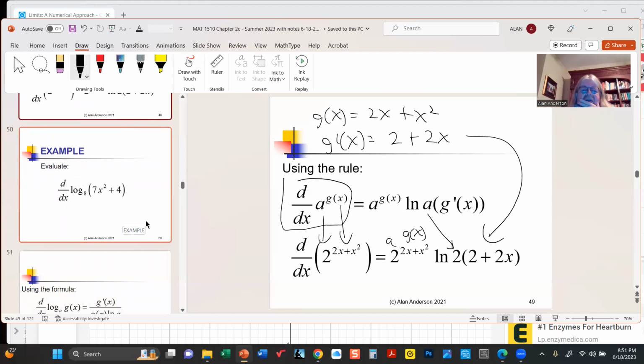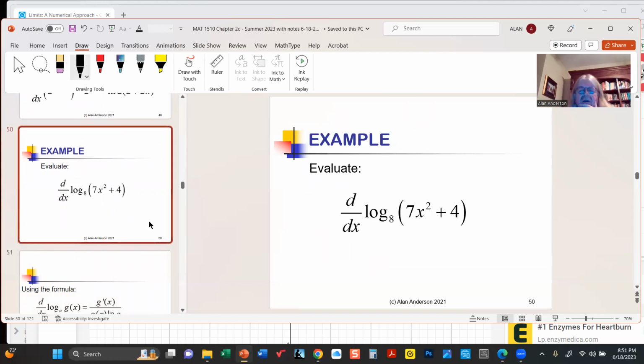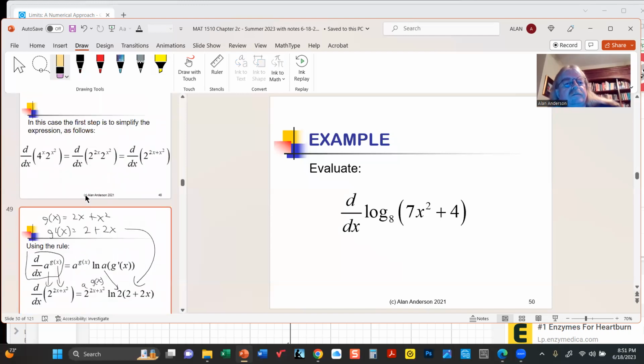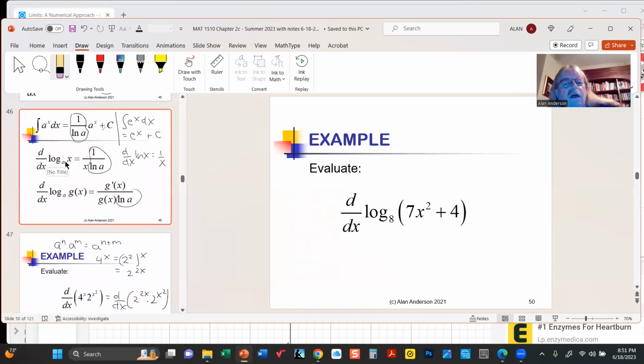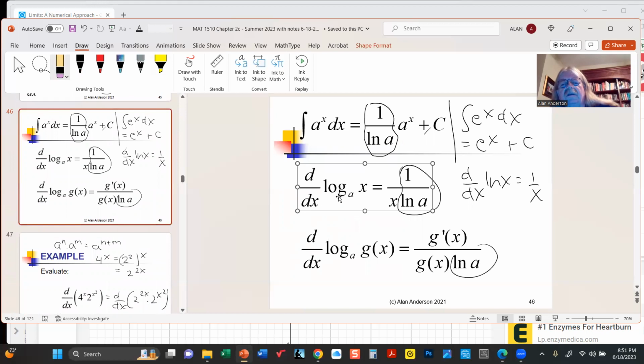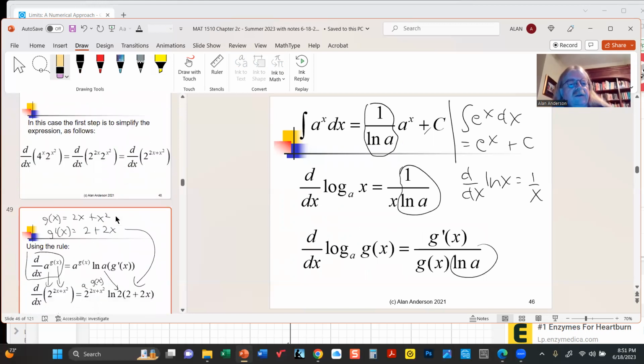Now, what about this one? Clearly, if this was a natural log, we'd be all set, but it's not. It's log to base 8. So what rule do we know that will help us here? How about this one? Well, actually, it's this one. Let's go grab this rule.